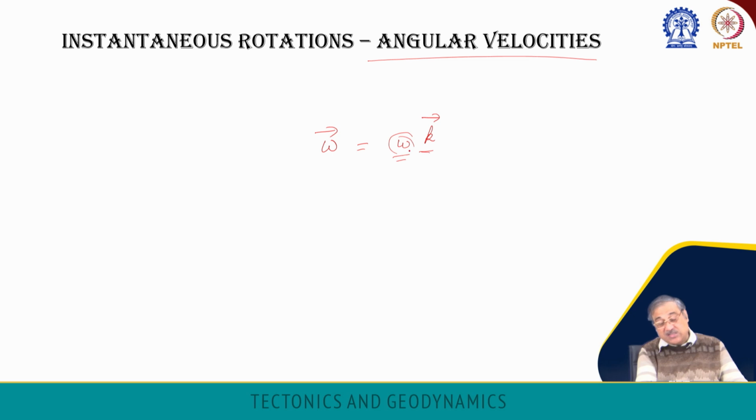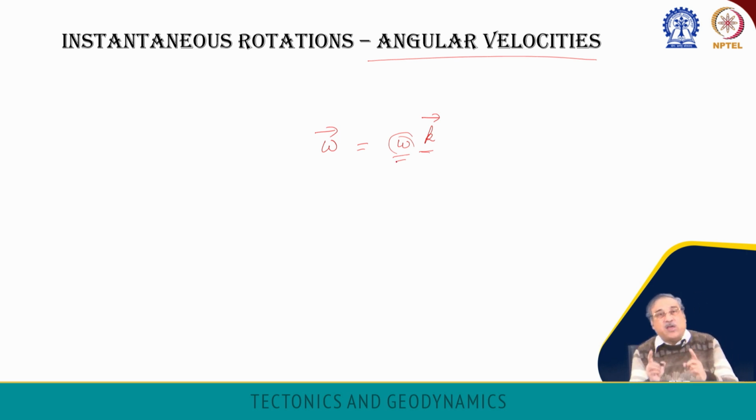So this tells you which direction to apply the rotation to. So the omega vector, the angular velocity vector that we are concerned with, would be a multiplication between these two.